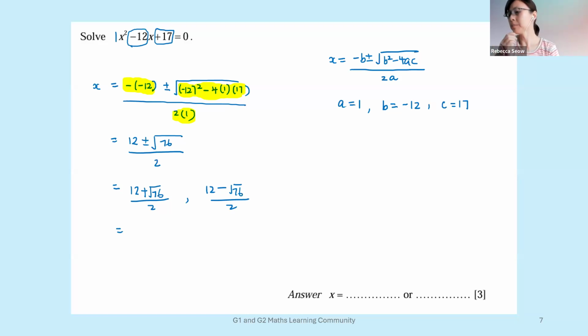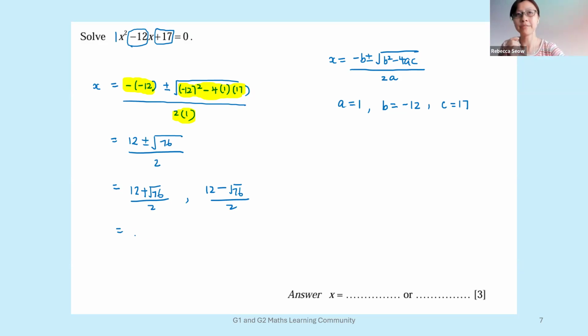I have 10.35889894. So the question did not tell me to give the answer to 2dp. So by default, if it's a running number and it cannot be expressed as a fraction or otherwise finite number, it will be 3 significant figures.